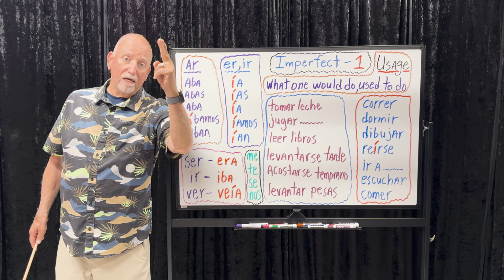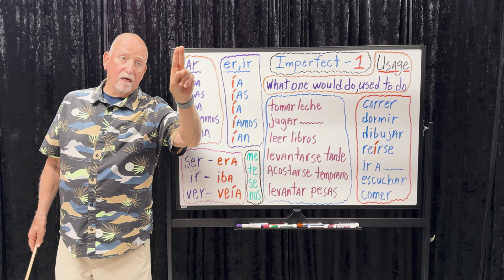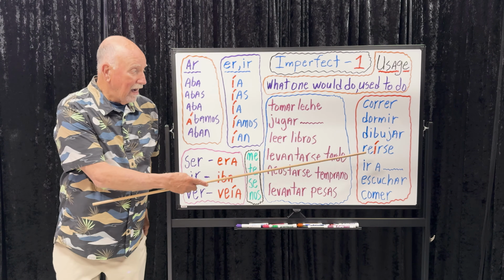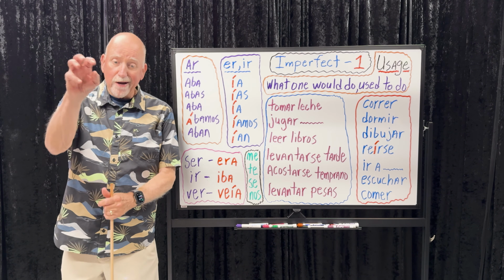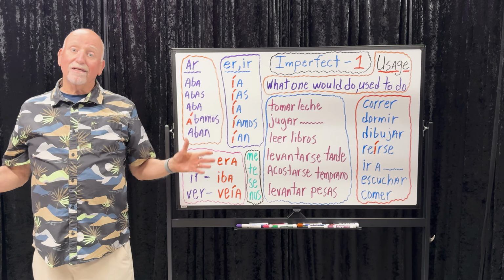Remember, a diphthong is two vowels together making one sound, but when you break up the diphthong, you've got two vowels making two sounds, okay? How would this sound if it didn't have an accent mark? It'd be like a cat. Reirse. That's not going to cut it.